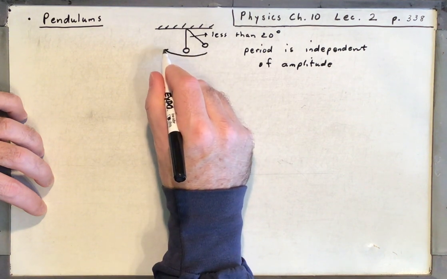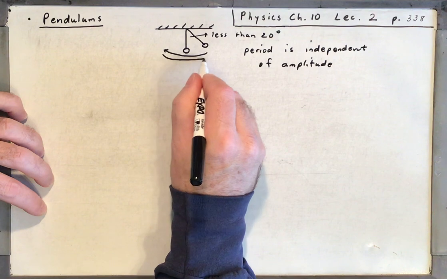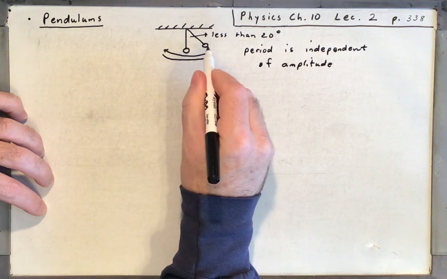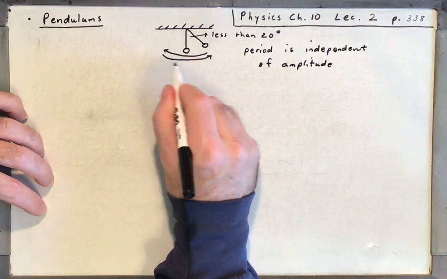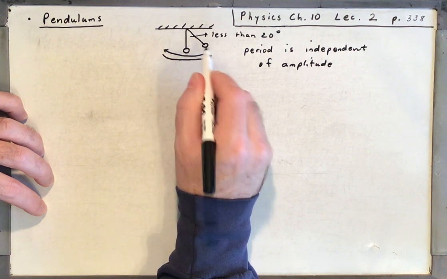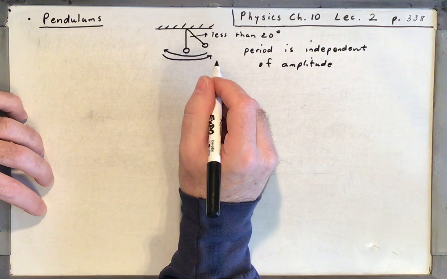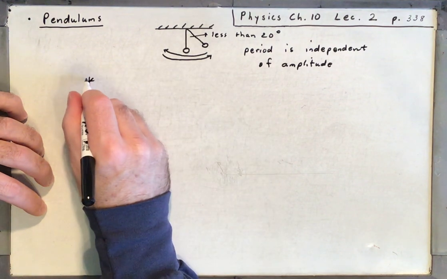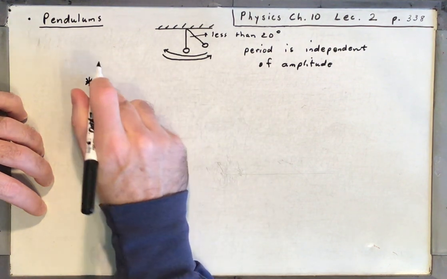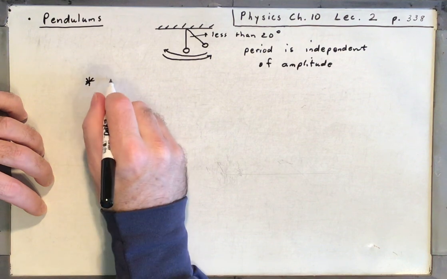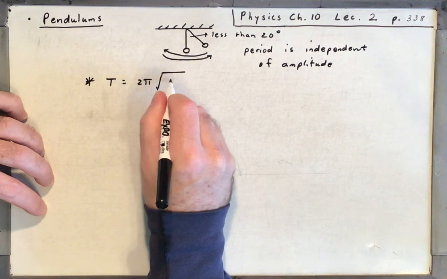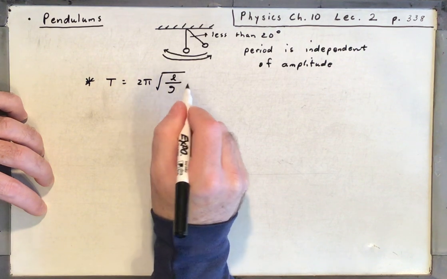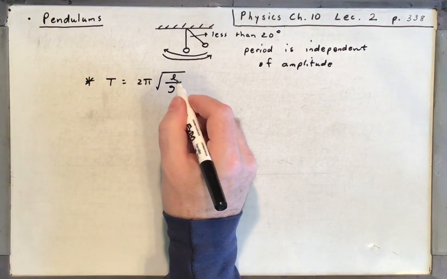So it would go that way and then come back, and it's the time it takes to get back to its original position. Okay, so we do have an equation for that you need to memorize. It is the period, so that's just time, is equal to 2 pi times the square root of the length over gravity. So the period of a pendulum depends on its length.